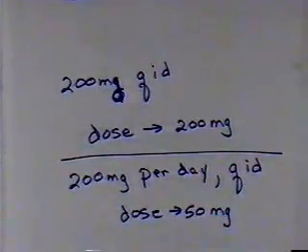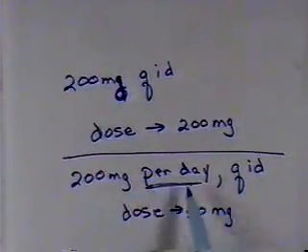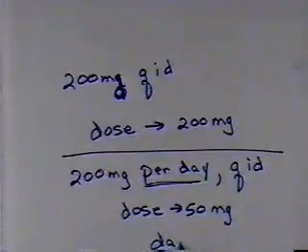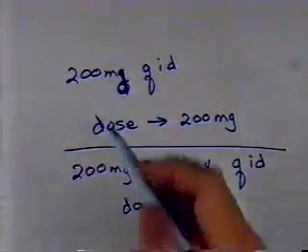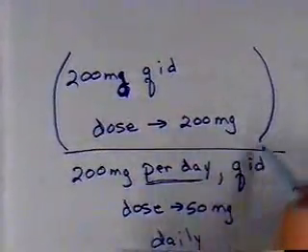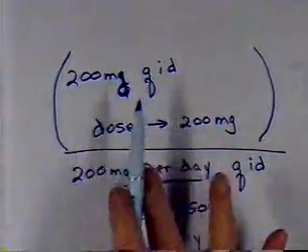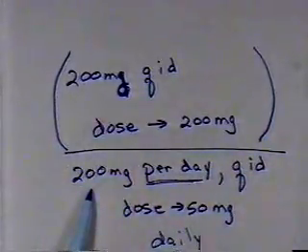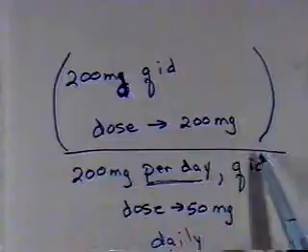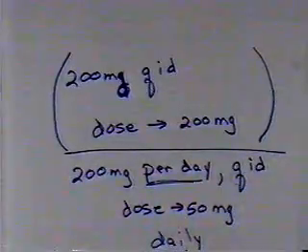The problems we're going to work, we're always going to work with the dose. We want to know how much we're actually giving the patient. If they say per day or if they say daily, we do need to divide. But some people get carried away and divide every time. If they don't say per day, then that already is the dose. But if they say per day or daily, they'll have to tell us how many times so that we can divide.